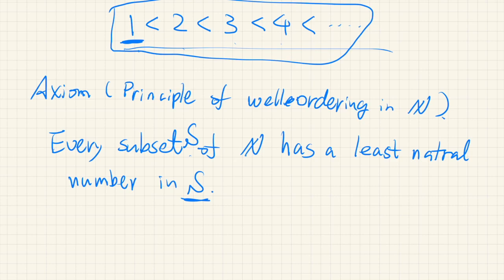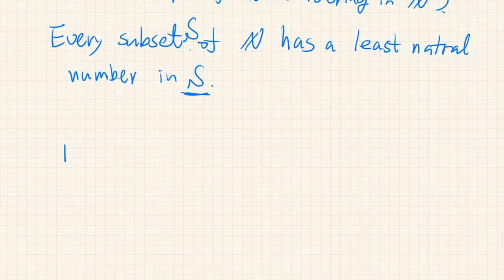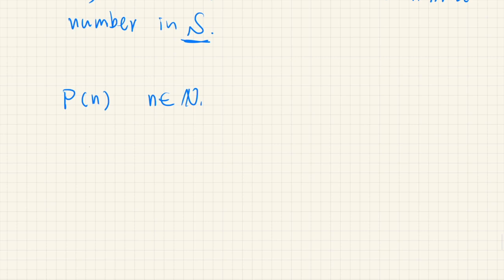Sometimes we want to prove a theorem or statement that depends on a natural number. In other words, we want to prove that a predicate that depends on a natural number n is true. Okay. For example, you may know this formula, 1 plus 2 plus 3 plus and so on.